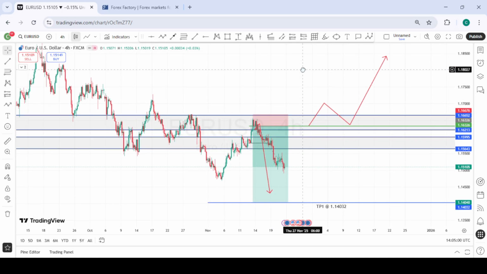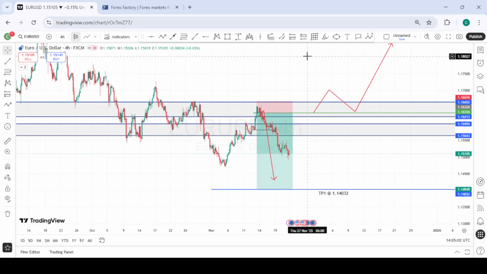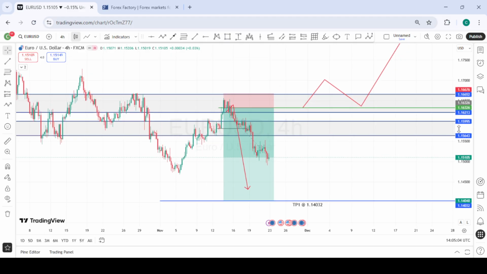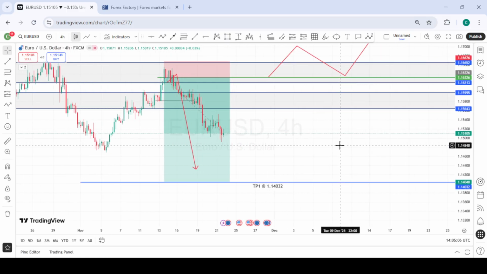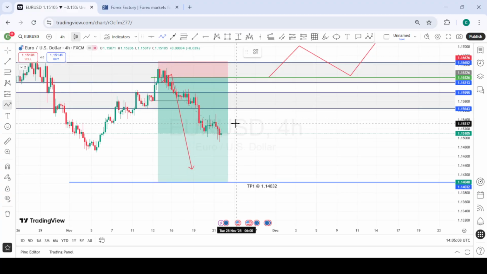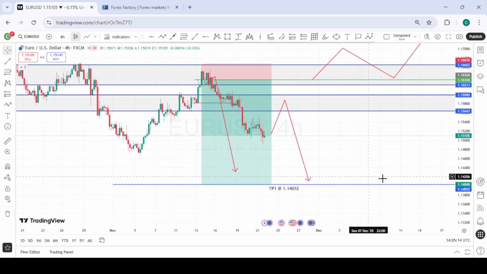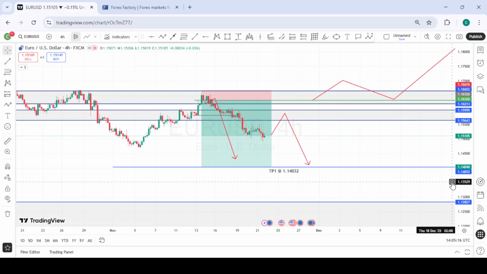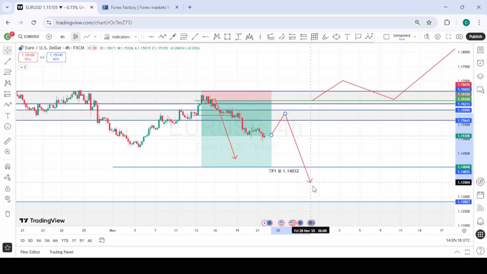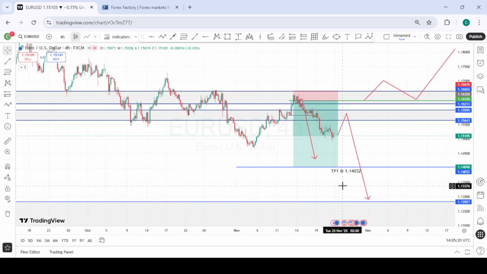So we have here EURUSD, which we are still holding on to this position from the last 2 weeks. So going to next week, what we'll be looking out for is a possible pullback to this area of interest. Look for selling confirmations and continue the sales to the previous targets we had from the previous episodes. And our second target is going to be the zone we have below right here.